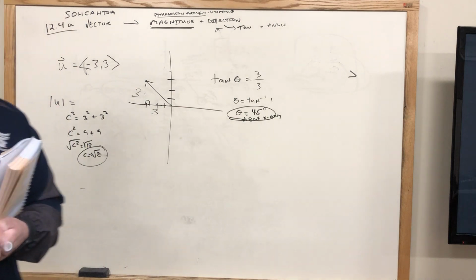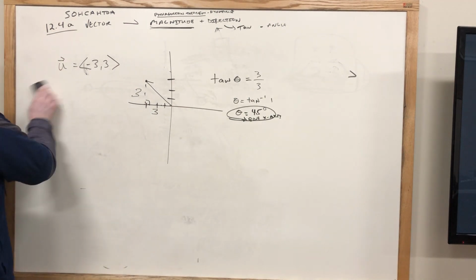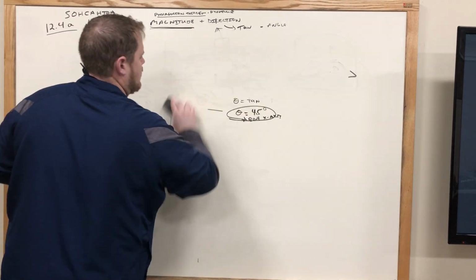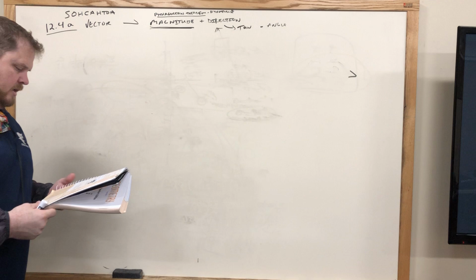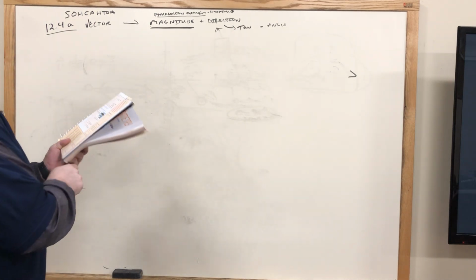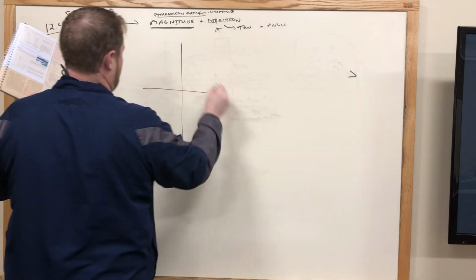Okay, good. We're going to do one more example for 12.34a, and then you can work on the homework. A boat is traveling at 20 degrees west. So, do our drawing.